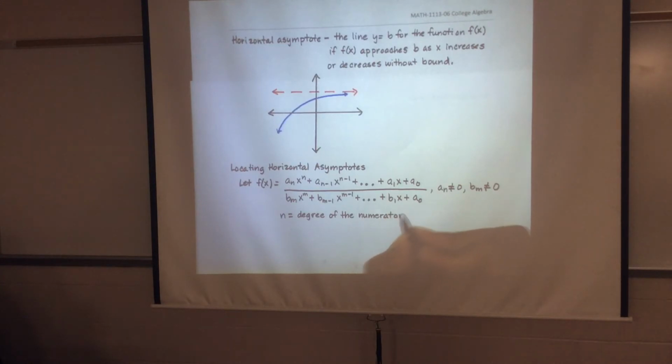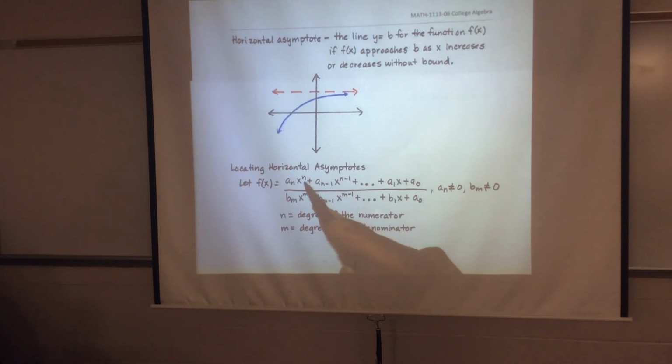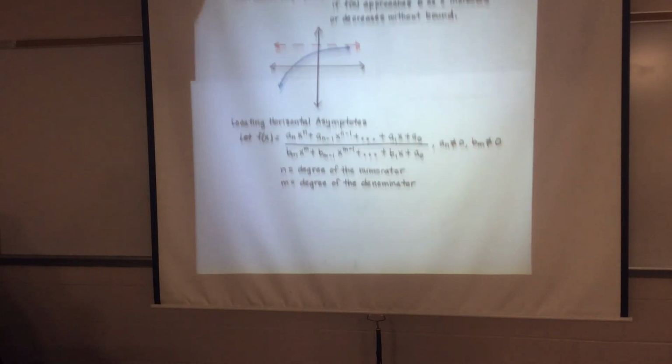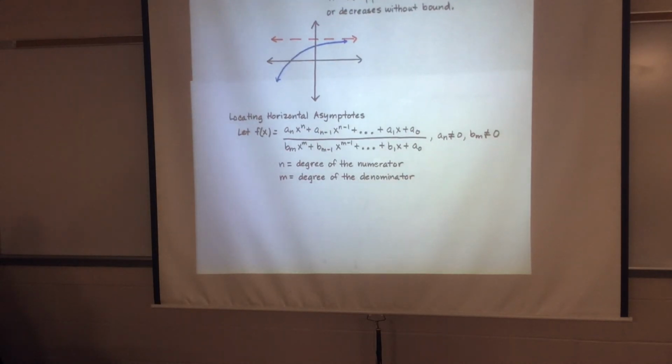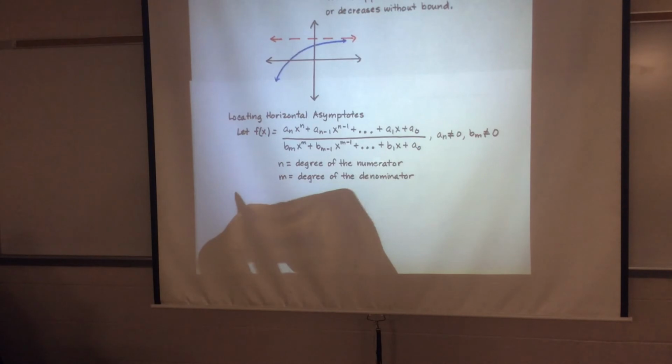So n is the degree of the numerator, and m is the degree of the denominator. You are going to compare those two, and that will tell you what type of horizontal asymptote you will have, if there is one. Okay?